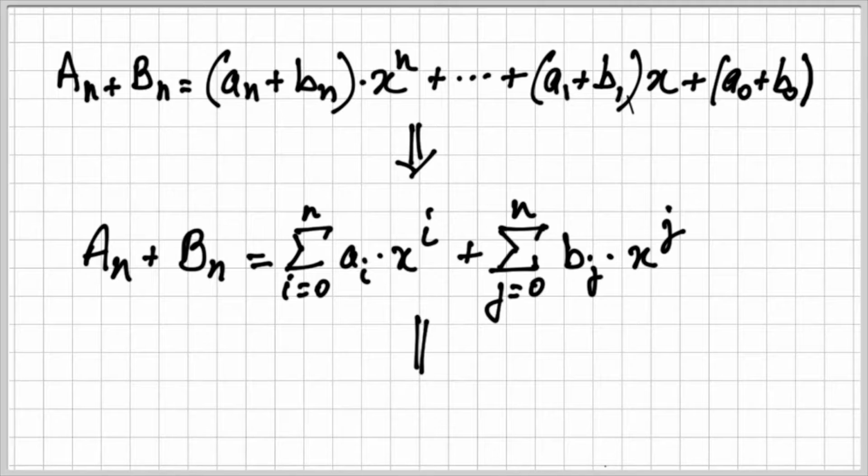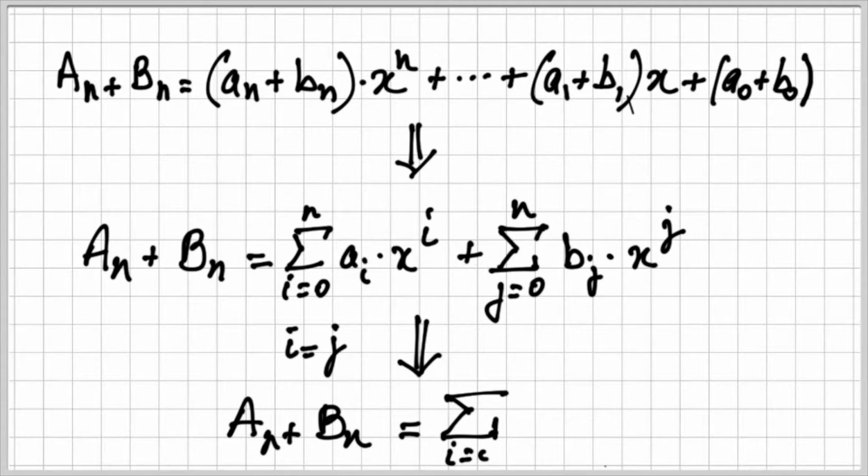And since i and j are in fact identical, I can rewrite this as the sum of those two polynomials is the sum going from i equal to 0 to n of (a_i plus b_i) multiplied by x to the power i. So basically we're adding the two coefficients of the respective powers of x, and that's the simplified notation of the sum of those two polynomials.